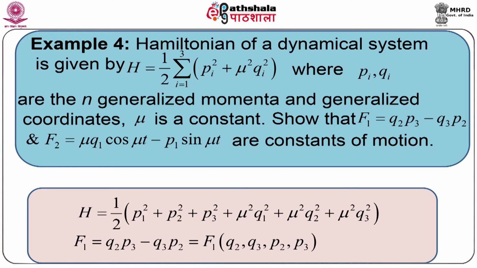Mu is a constant. We have to show that F1 equal to Q2P3 minus Q3P2 and F2 equal to mu into Q1 cos mu t minus P1 sin mu t are constants of motion.